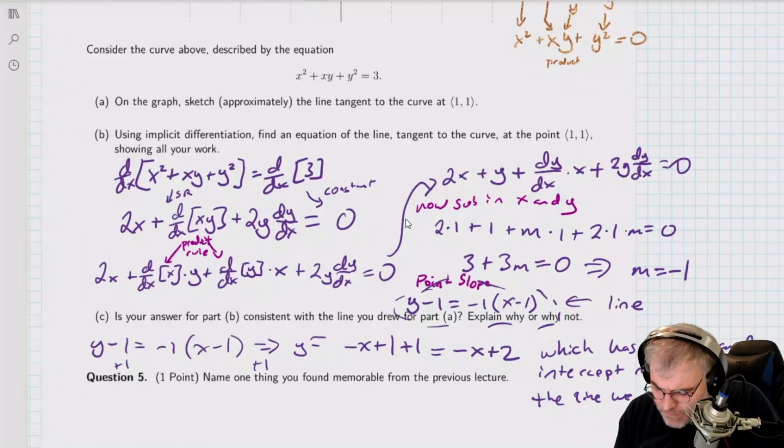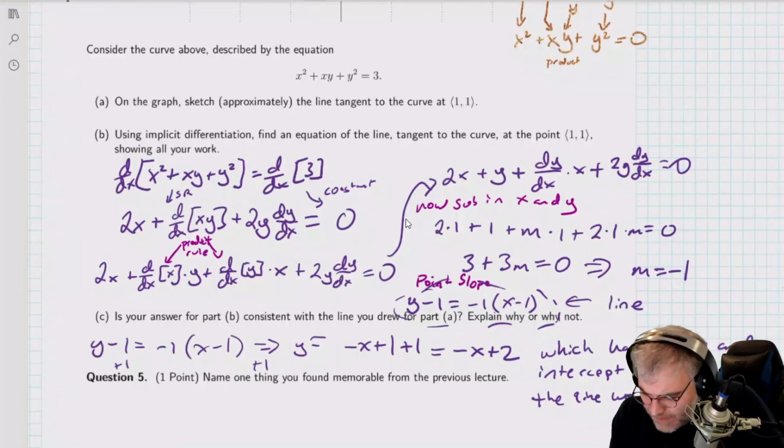So I've got the 2x, I've got the d over dx of x, right? The derivative of the first times the second plus the derivative of the second times the first, plus this 2y dy dx. That gets generated because of the chain rule, right? I want to differentiate in terms of x, and I've got a y. And that becomes 2x plus y plus x dy over dx plus 2y dy over dx.